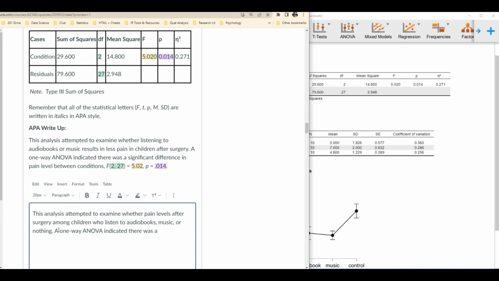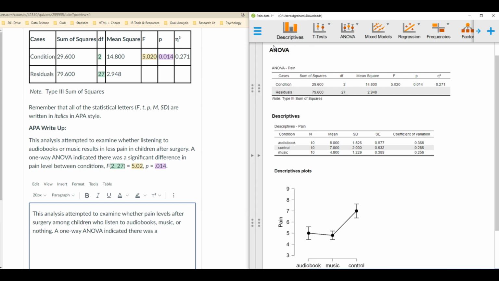And this is a skill that, again, you practice. So a one-way ANOVA indicated there was a, now here's where we need to say, significant or not significant difference? And here we look to our p-value. If our p-value is less than our alpha of 0.05, then we conclude that this probability is lower than 5%.